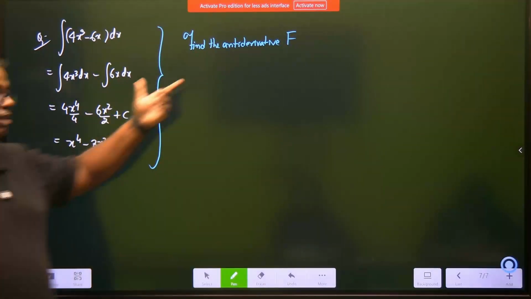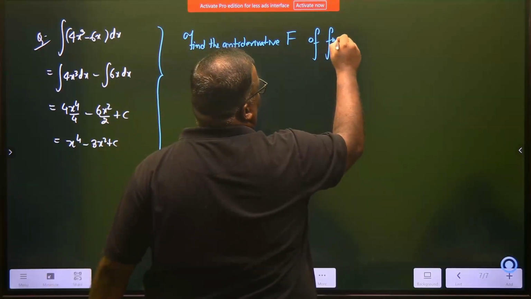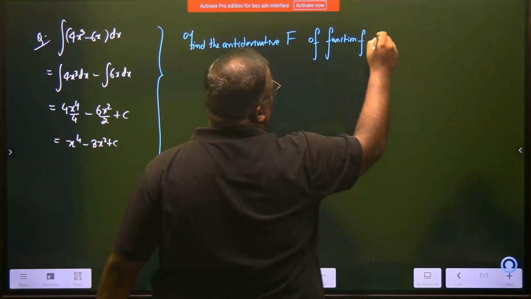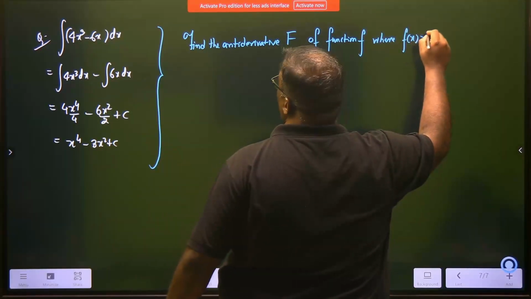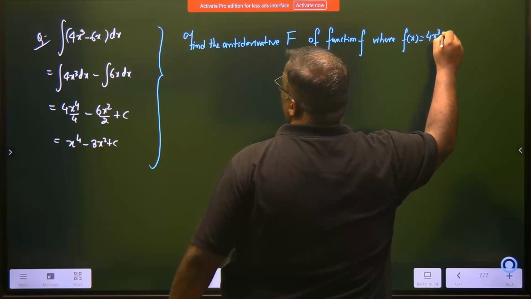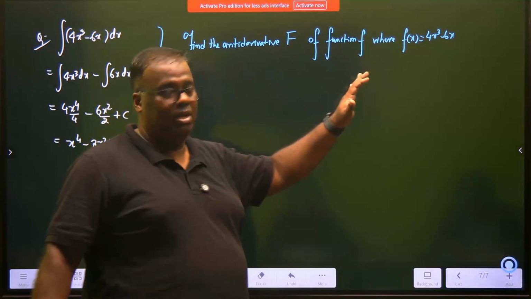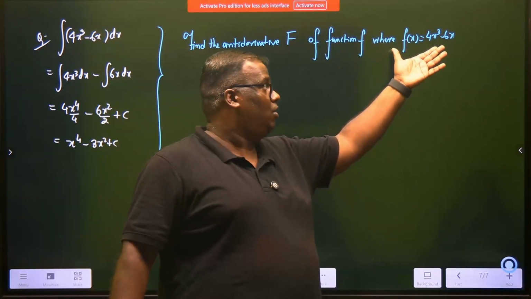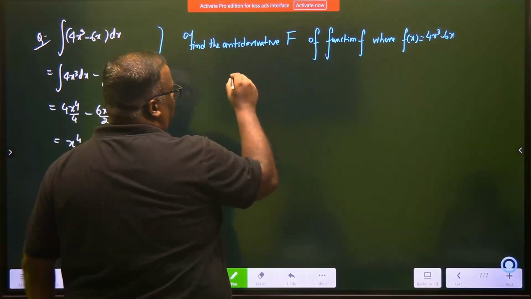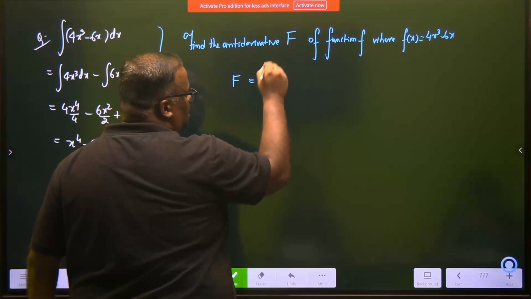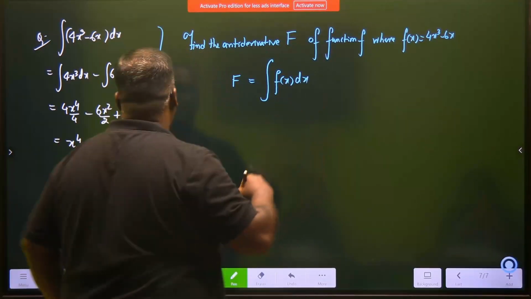Find the antiderivative F of function f where f of x is equal to 4x cube minus 6x. So you are trying to find the antiderivative of this function. Understood? So what is this F? The antiderivative is integration of f of x dx. That's exactly what you did.